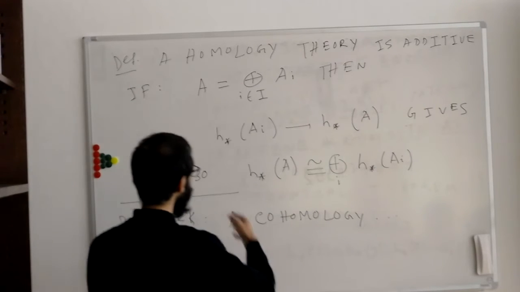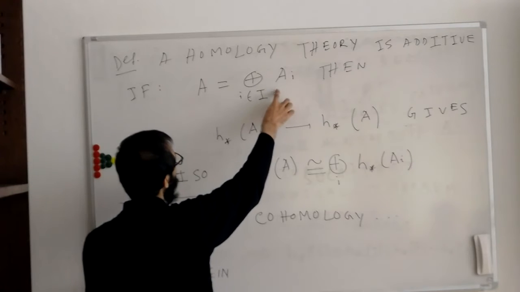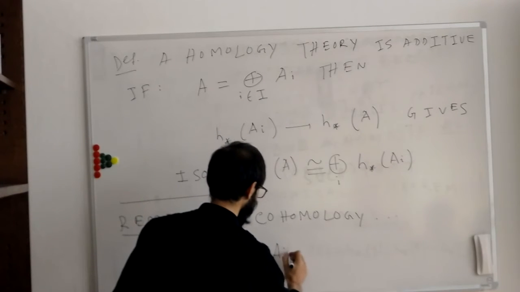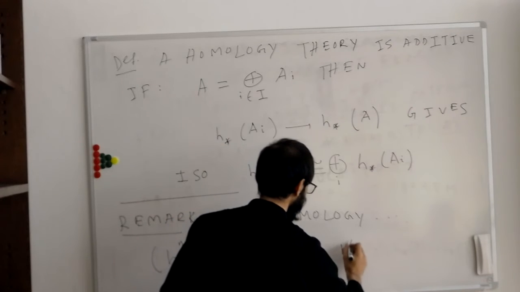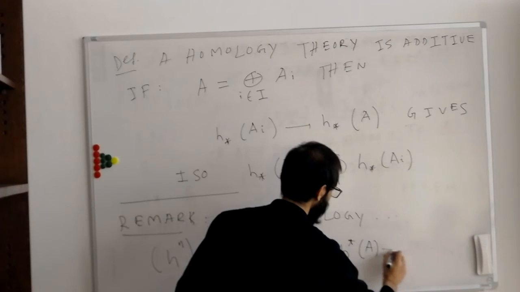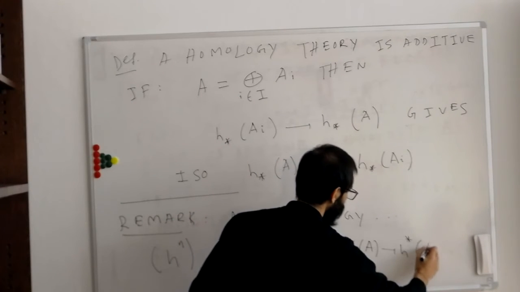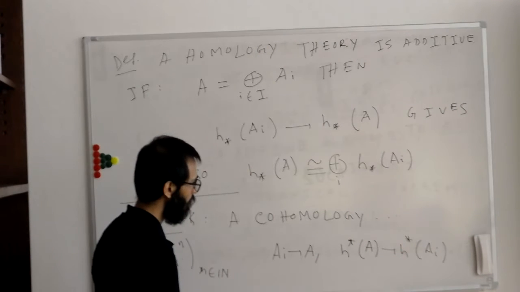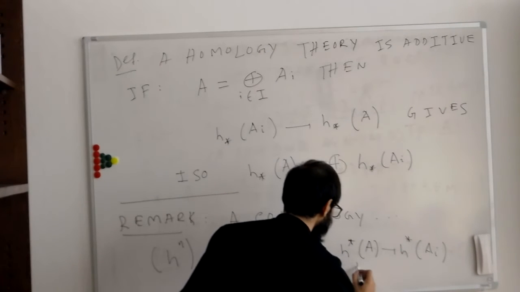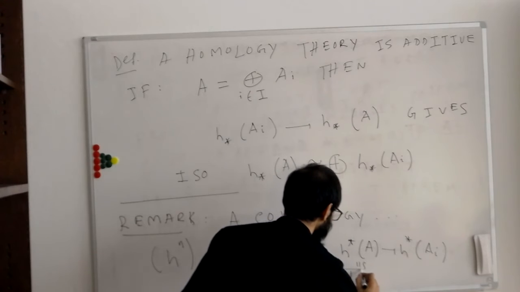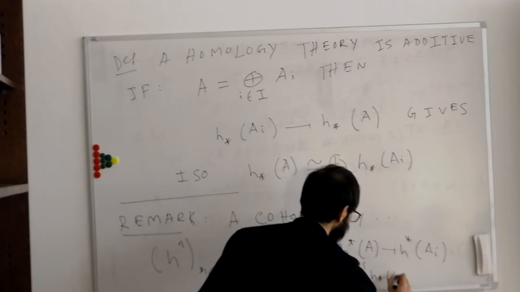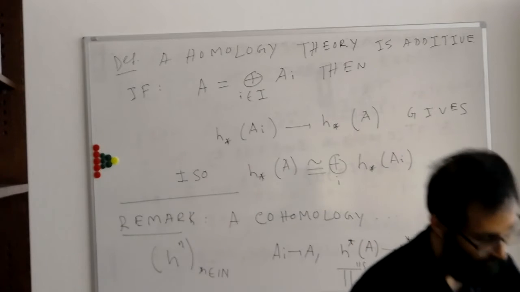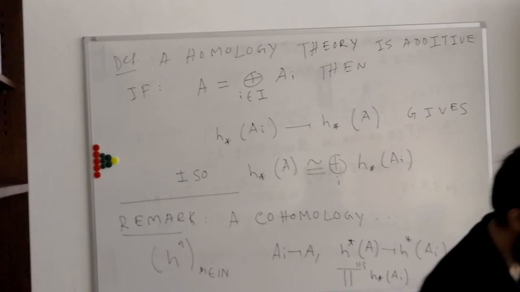For example, you have A_i included in A, that means for a cohomology theory you get something like the projection onto the factor, because it goes in the reverse direction. You should have this be isomorphic to the product of H star of A_i. You just have to reverse the arrows.